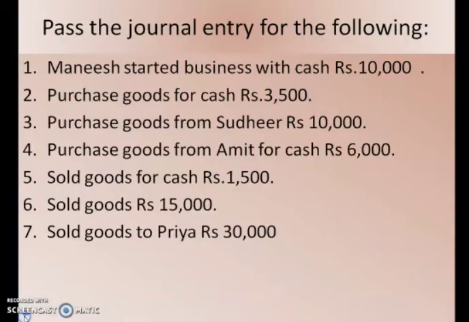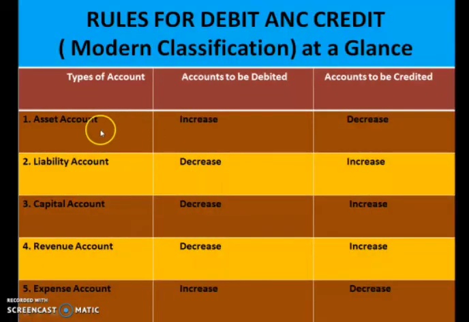Okay. Next one is sold goods for cash rupees 1,500. Now listen carefully. This was purchase. Sometimes the wording bought goods can also be used in the question. If bought goods is given, then also you have to use the word purchase itself. Now sold goods for cash rupees 1,500. Tell me students, when you are selling some goods, you will receive the cash, isn't it? So if cash is received, then it means that your asset is increasing.